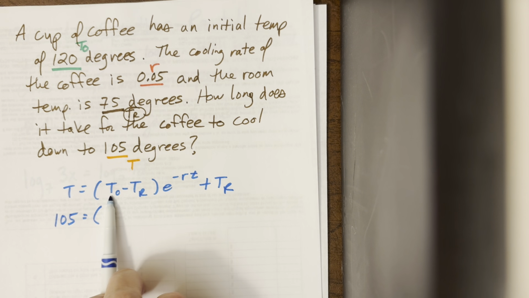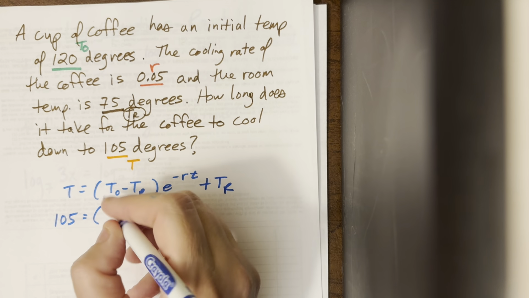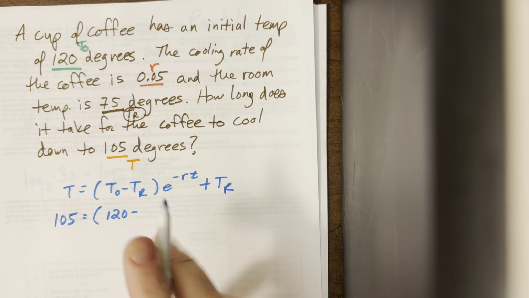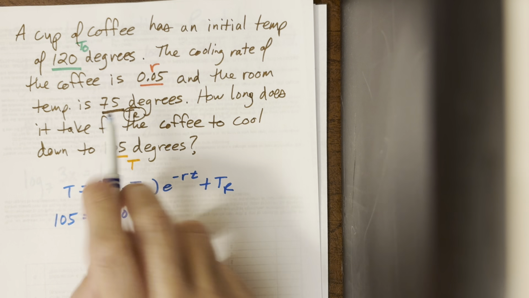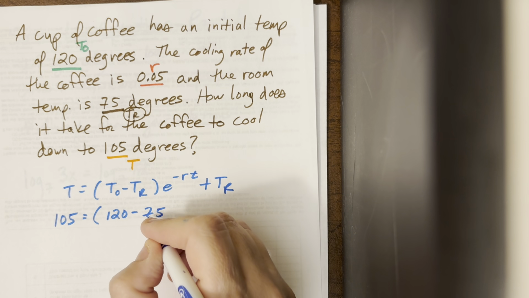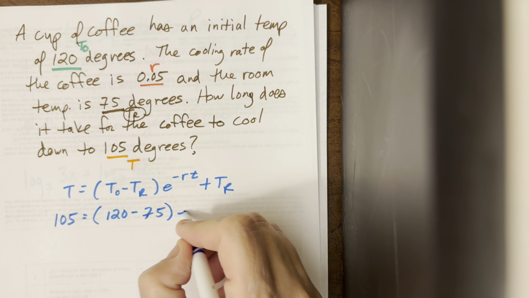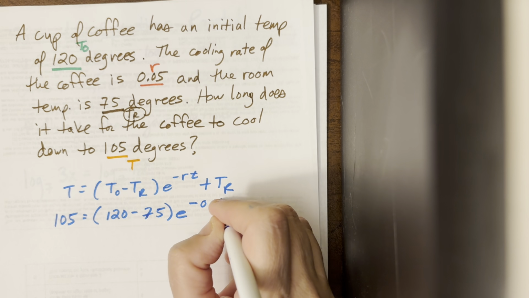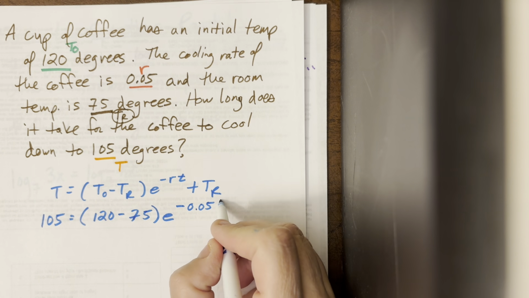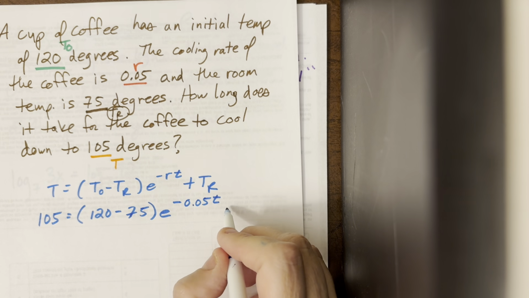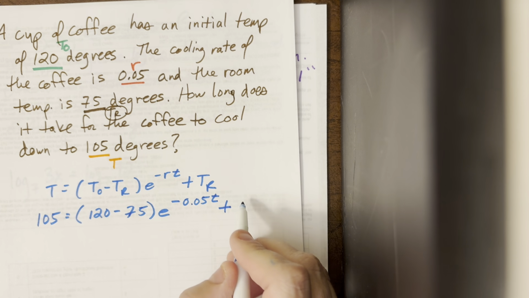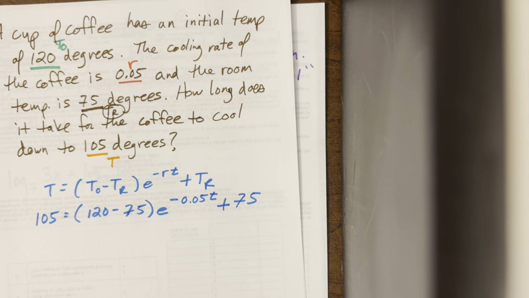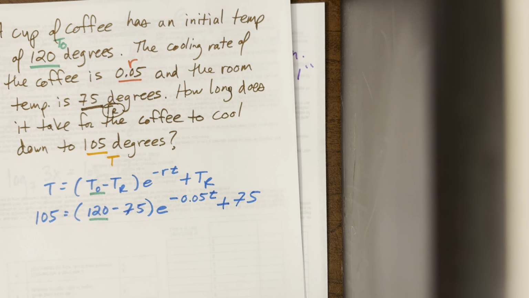That equals the initial temperature of the coffee, 120, minus the room temperature, 75. The rate of cooling is 0.05. I don't know the time, that's what I'm trying to get, plus the room temperature, 75. Okay, I'll color code this for you just so you can see where things are going into this function.